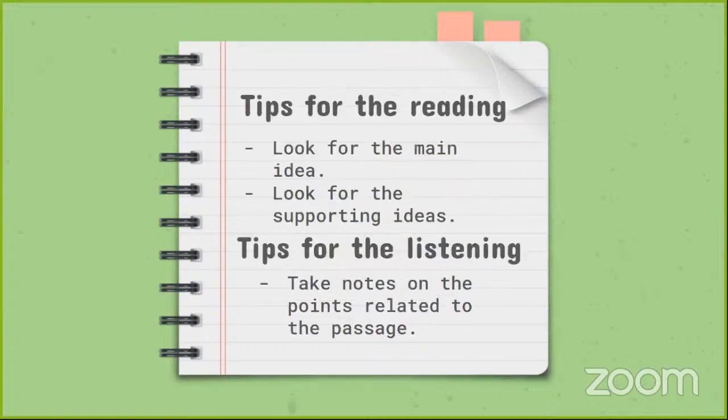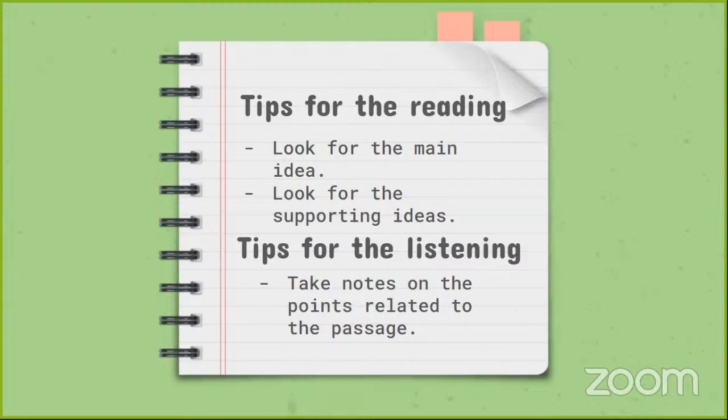What do you have to do when reading? You have to look for the main idea. Remember that. Where is the main idea? It is usually placed in the first paragraph of the passage, okay? Remember that. Apart from the main idea, what do you have to look for?